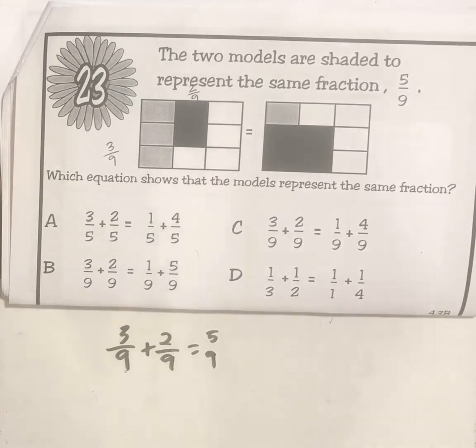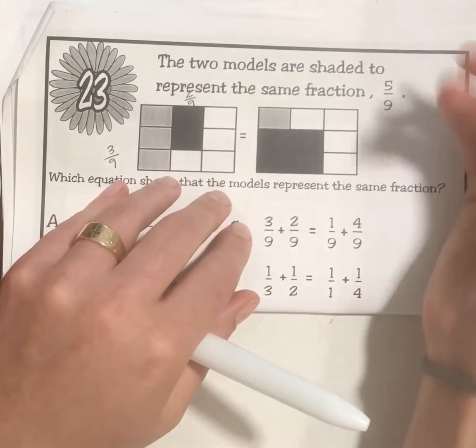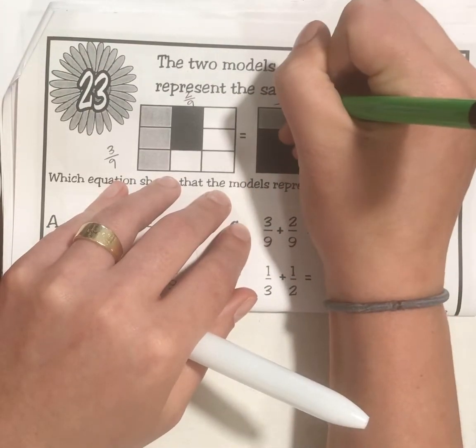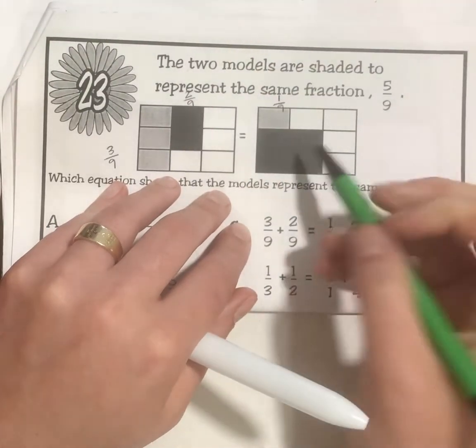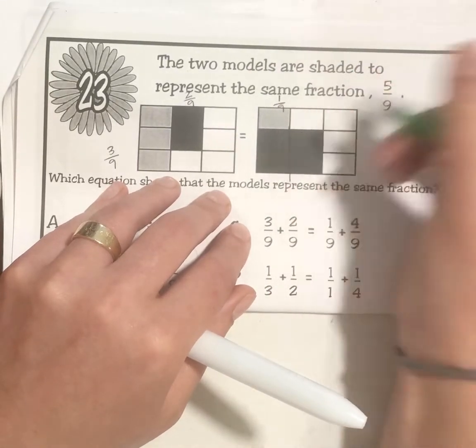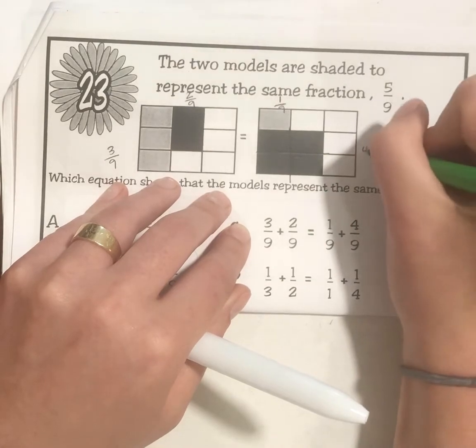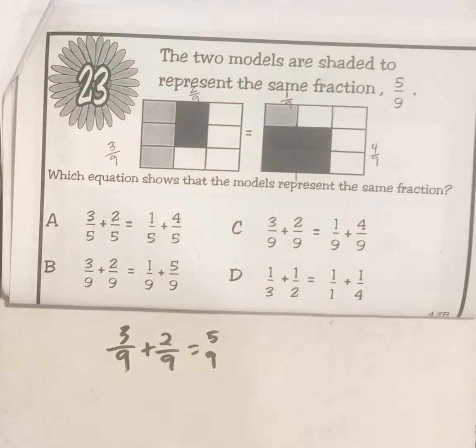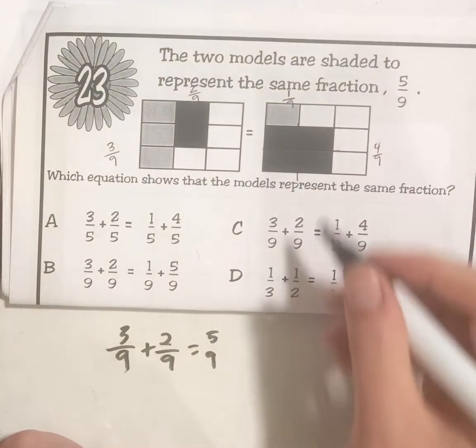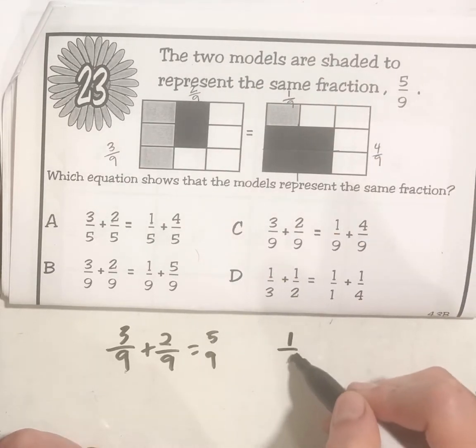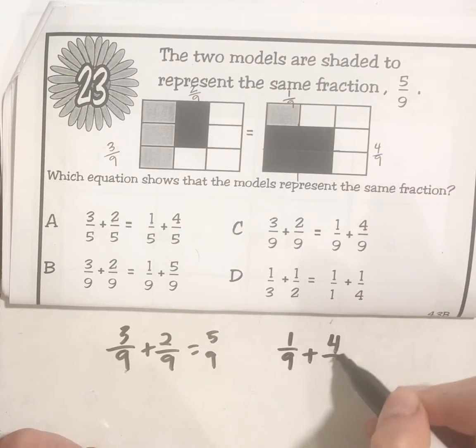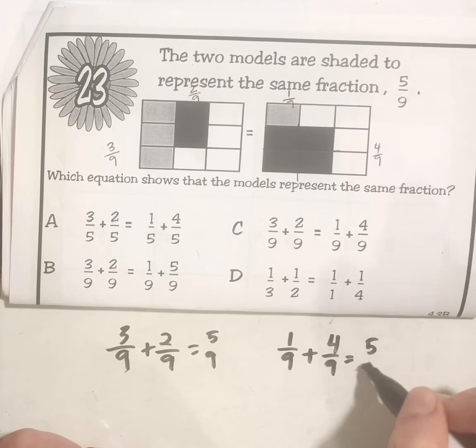Now, the second model, it has one light shade, so 1 out of 9, and then the dark color has 1, 2, 3, 4 out of 9. So this model is saying 1/9 plus 4/9 equals 5/9.